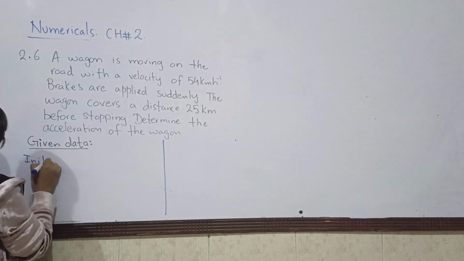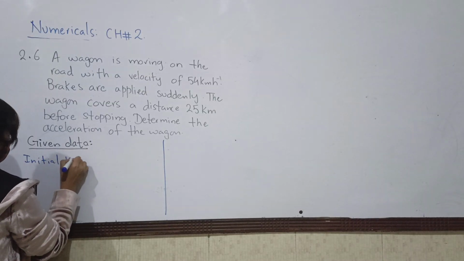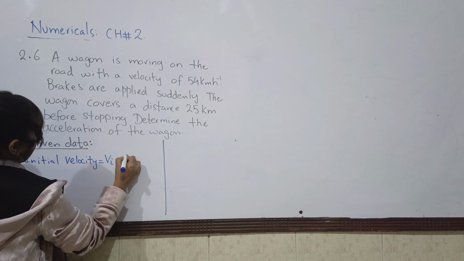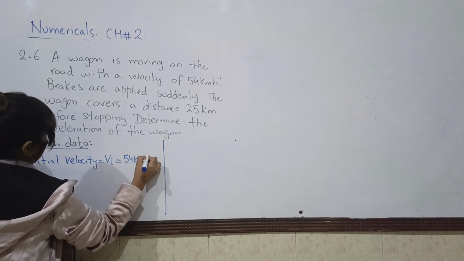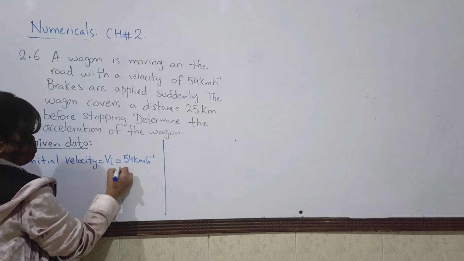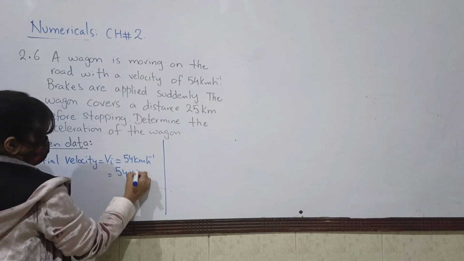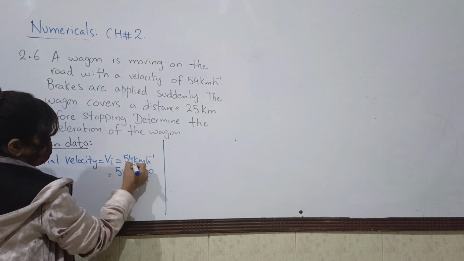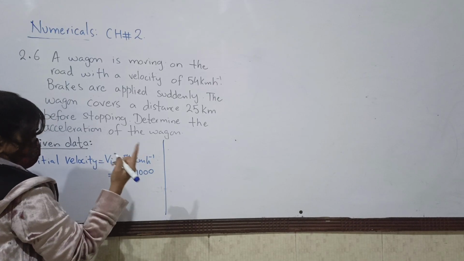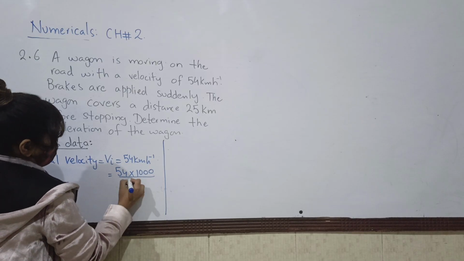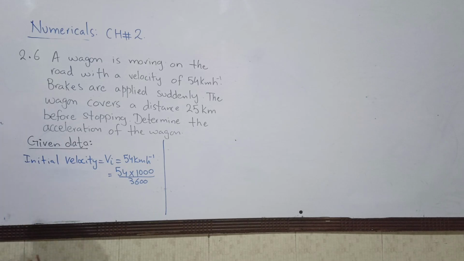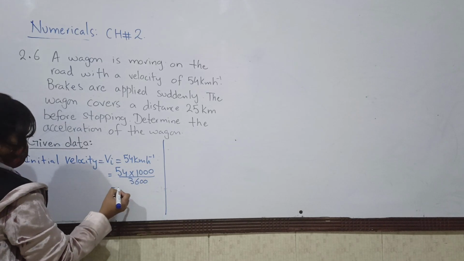So initial velocity Vi is equal to 54 km per hour. We have to convert this into SI unit. For it we have to multiply with 1000 because distance we have to find in meters. So in 1 kilometer 1000 meters are there and in 1 hour 3600 seconds. So it will change into meter per second.